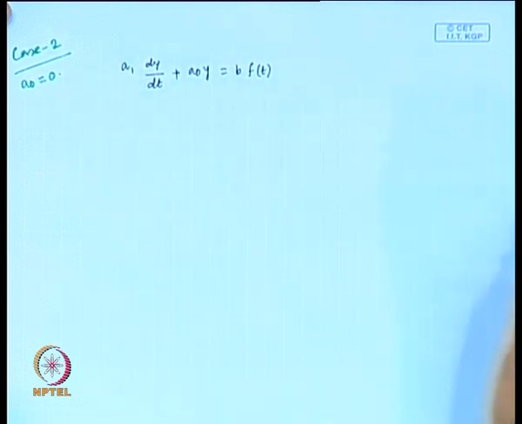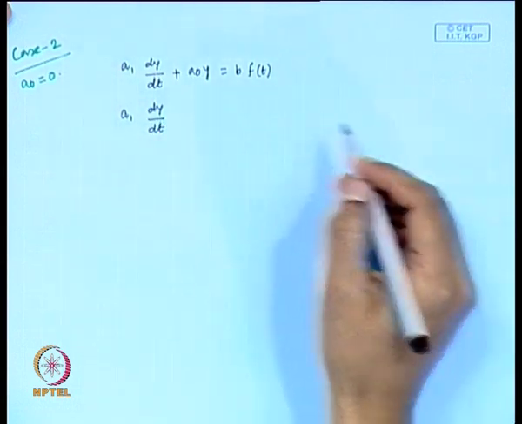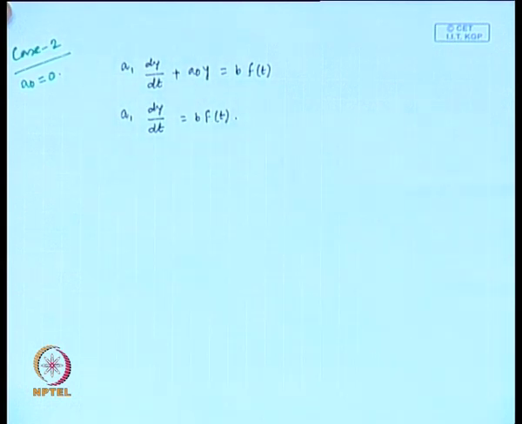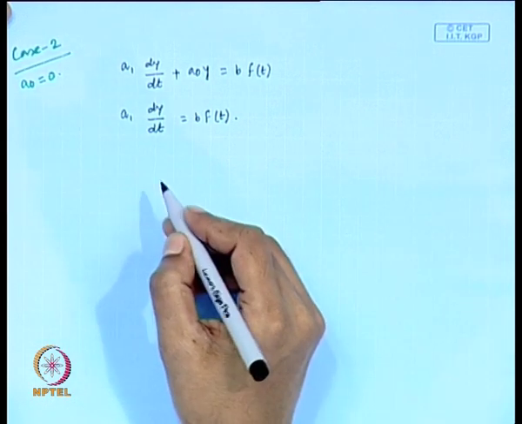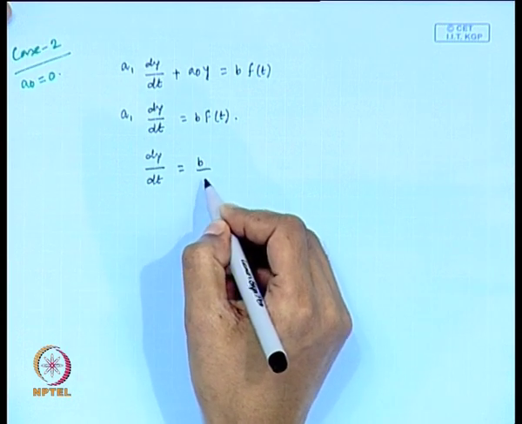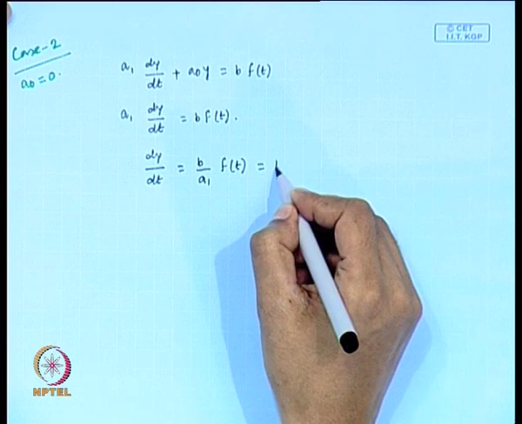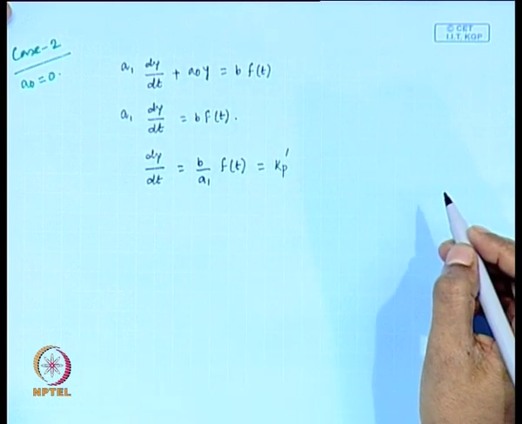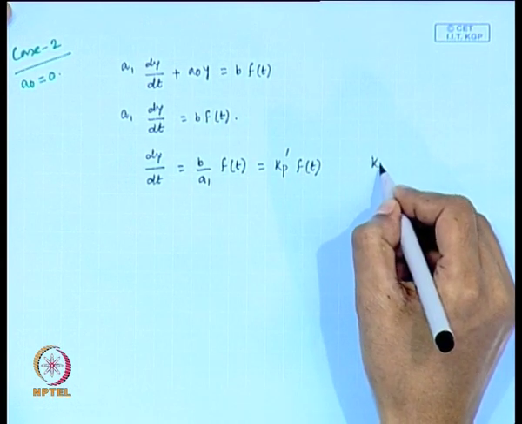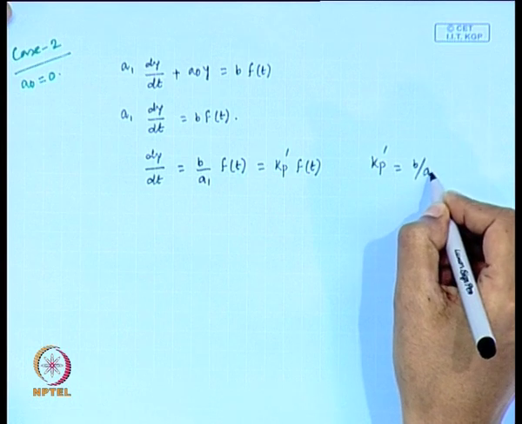Now, if we consider A naught equal to 0, then this becomes A 1 dy dt equal to b f t. Fine. That means dy dt equal to b by A 1 f t. This is equal to Kp prime f t. Here gain is represented by Kp prime and that is b by A 1.